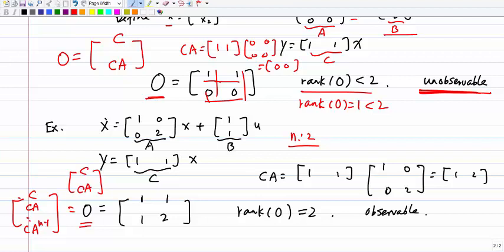C is [1 1], so I put it over here. C times A is [1 1] times A, which is [1 0; 0 2], and gives us [1 2]. So I put [1 2] over here.